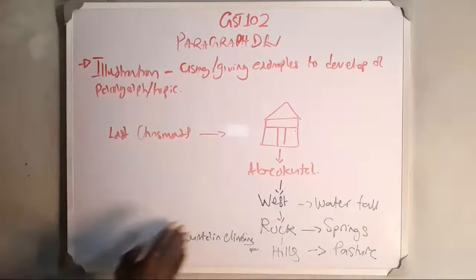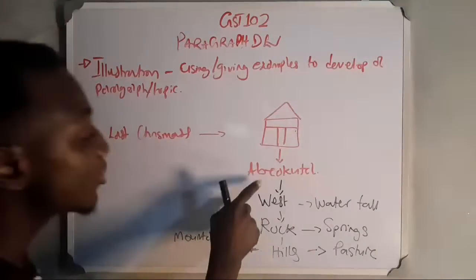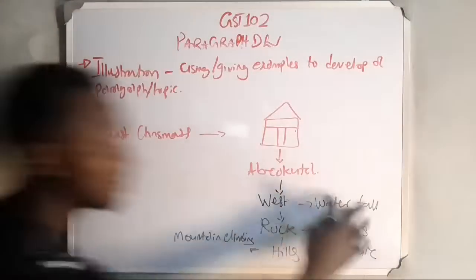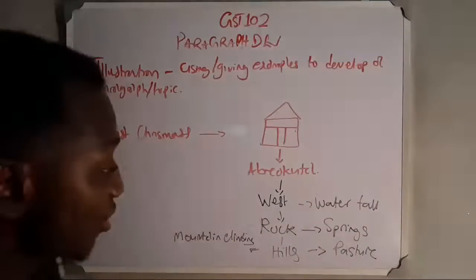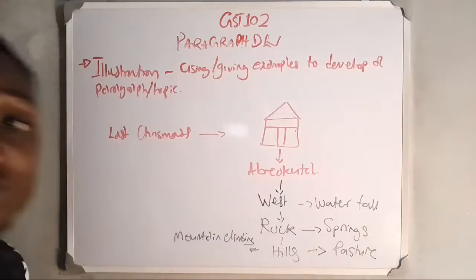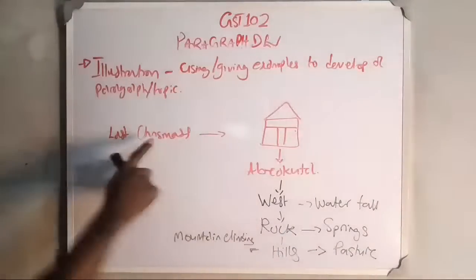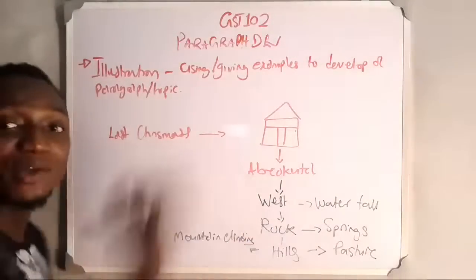All these examples point to Abeokuta being a place where if you go there, you find a lot of hills, mountain climbing activities, springs, and pastures. All these are examples used to further strengthen the explanation of Abeokuta.